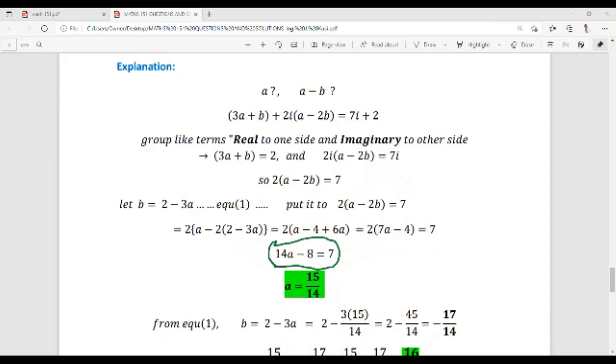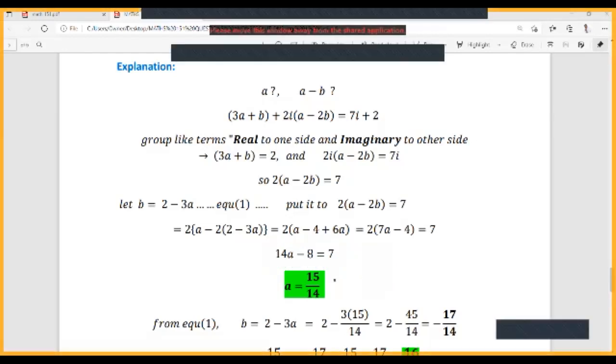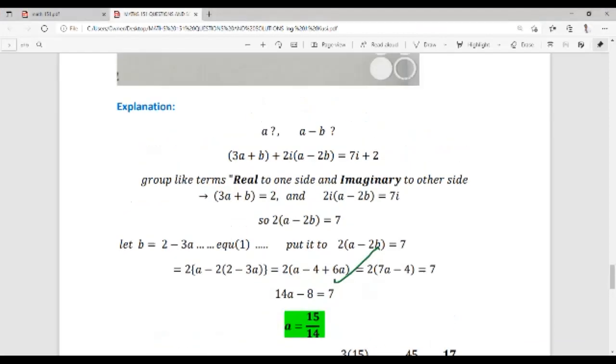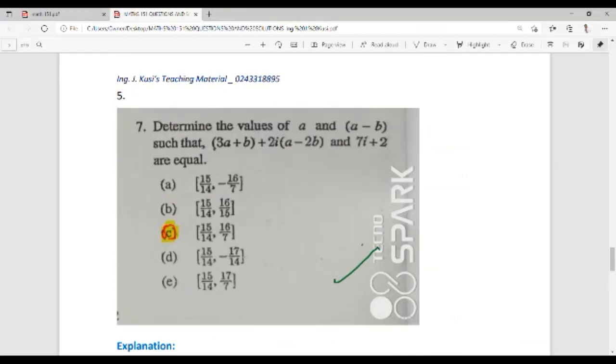You take your 8 to this side, and that will be 7 plus 8, which gives you 15. Then to find A, you divide by 14, so A is 15 over 14. That is why when you check the answers here, you see that everything here is 15 over 14.